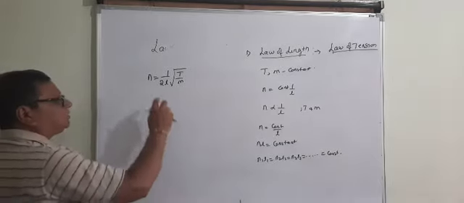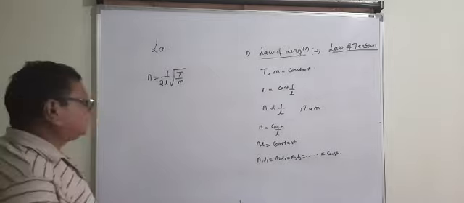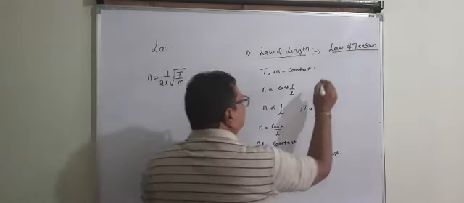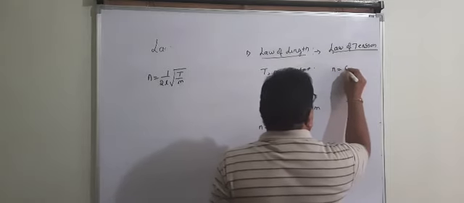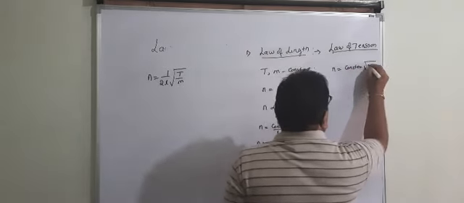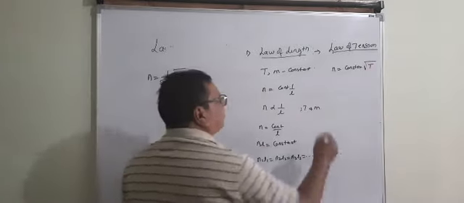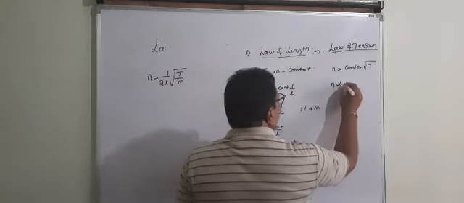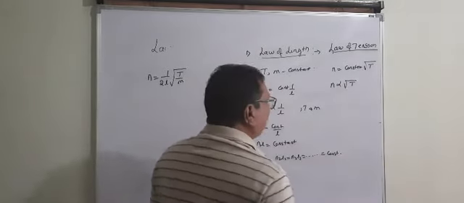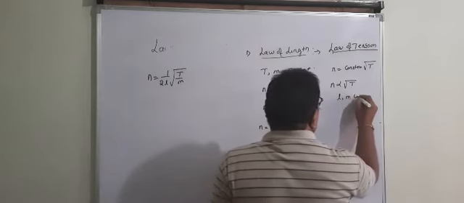In this case, if length and mass are kept constant, the whole quantity becomes constant, so n is equal to some constant under root T, or n is proportional to root T, when length and m are constant.